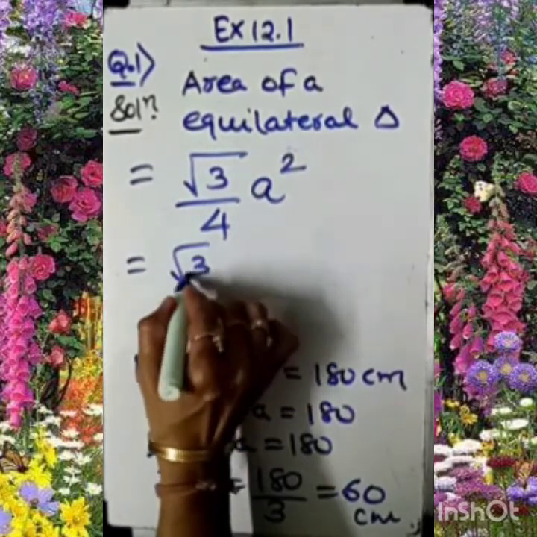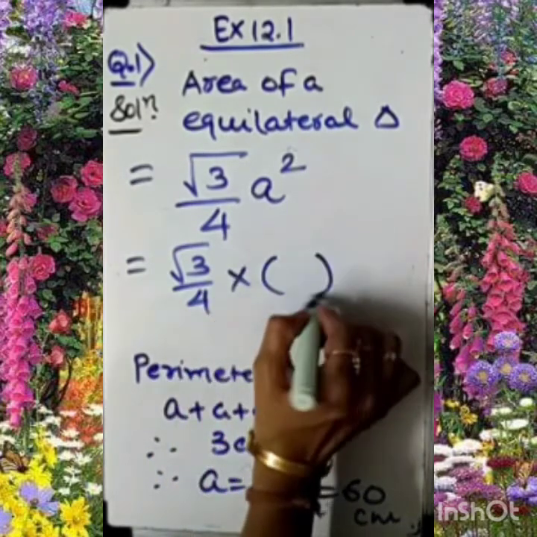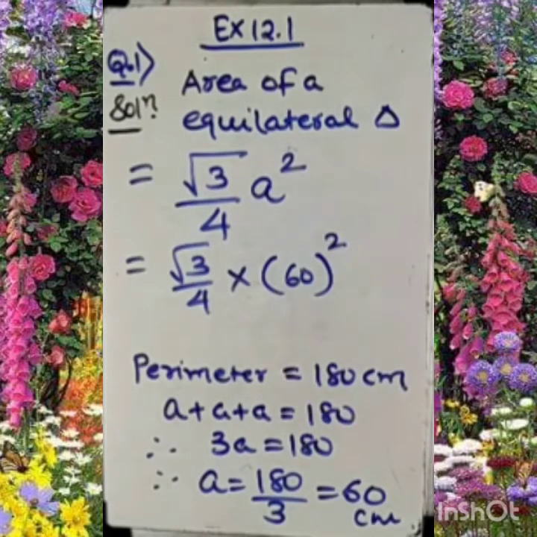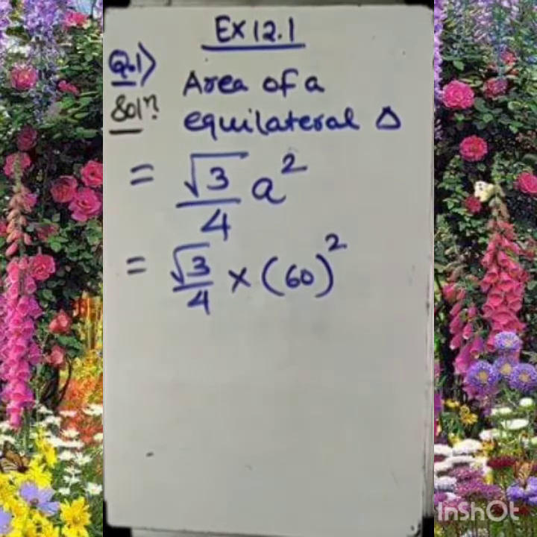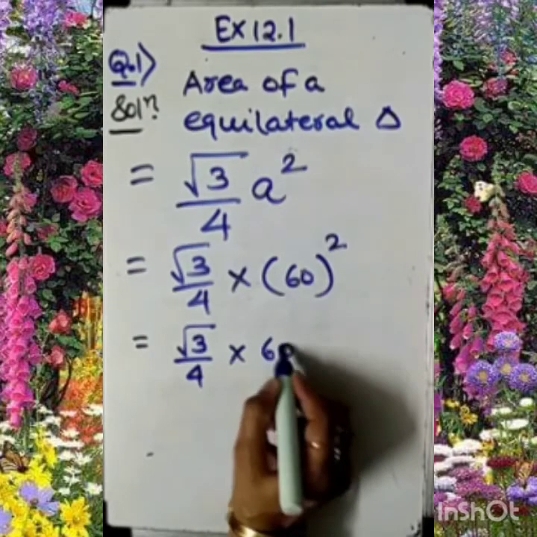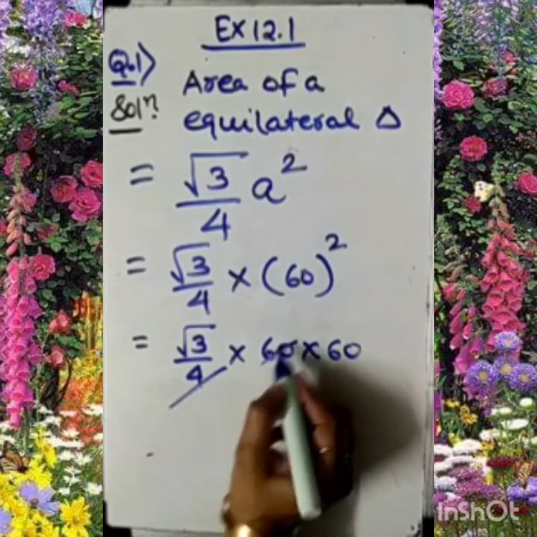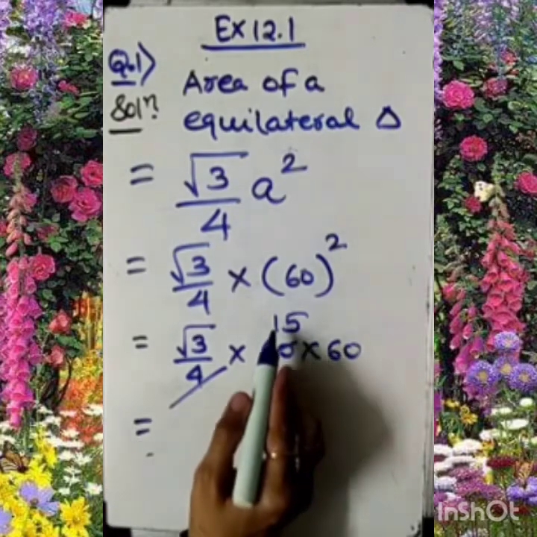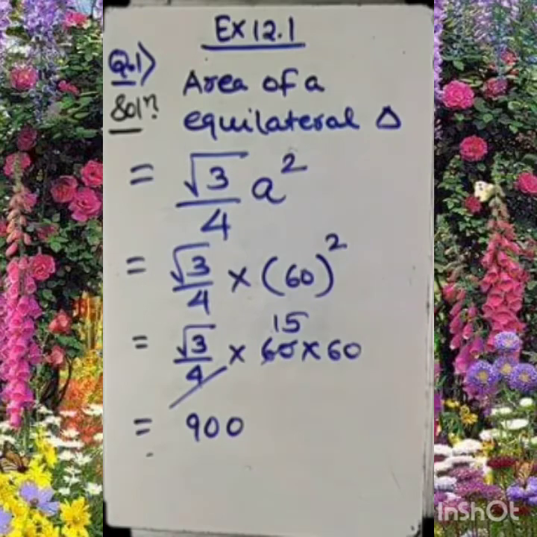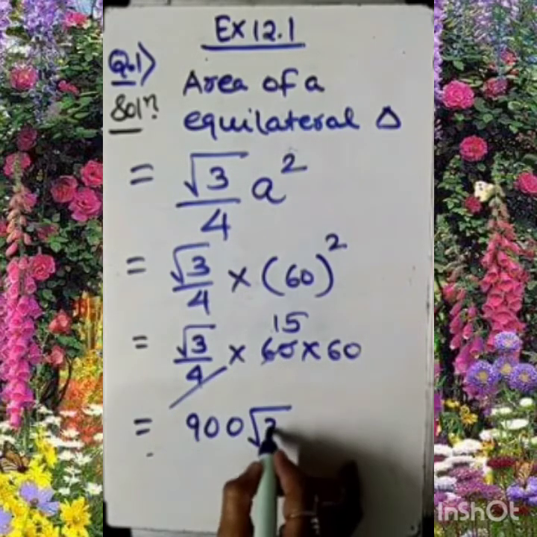So root 3 by 4 into, what is a here? We have already found a, that is 60, squared. 60 squared indicates 60 into 60. So root 3 by 4 into 60 into 60. 15 fours are 60, 15 sixes are 90, and this is 900. So this is 900 root 3.